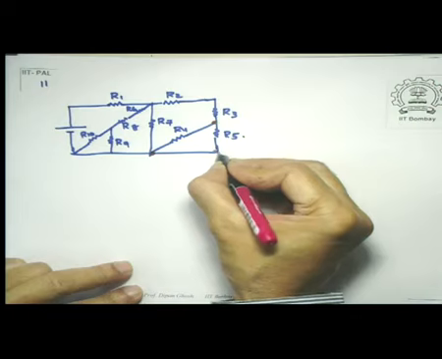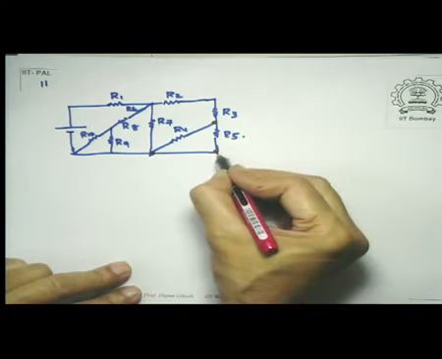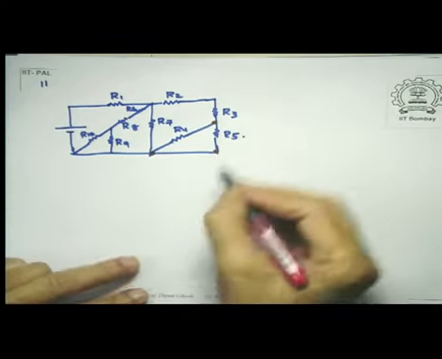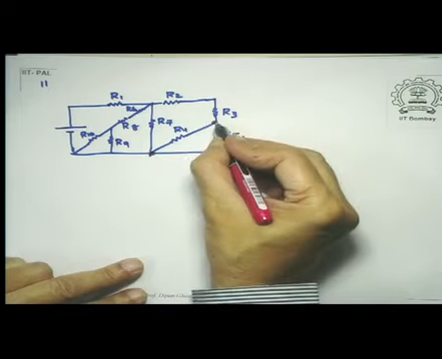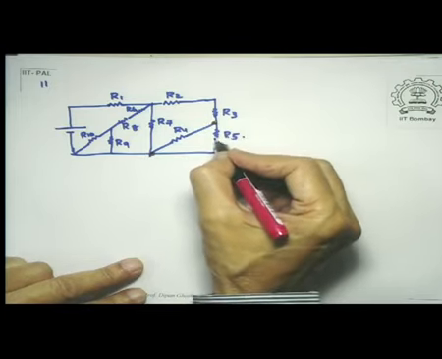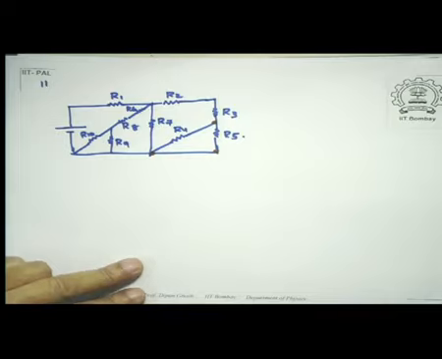So, let us look at what is happening. Now, notice here, this point and this point, these 2 points are at the same potential, okay, and this is a common point. So, which tells me R4 and R5 are parallel combinations.